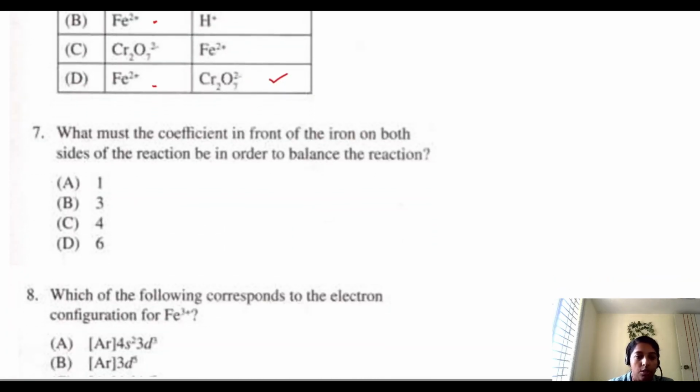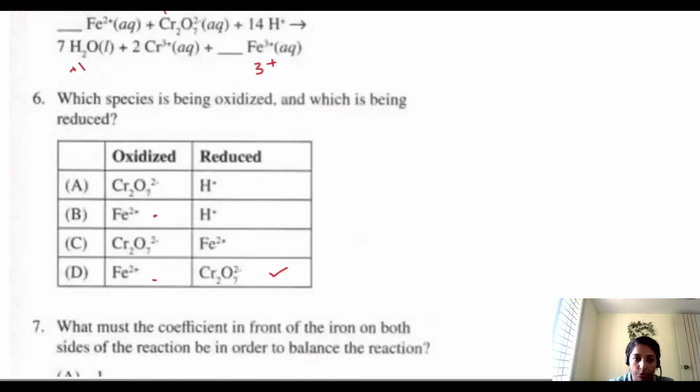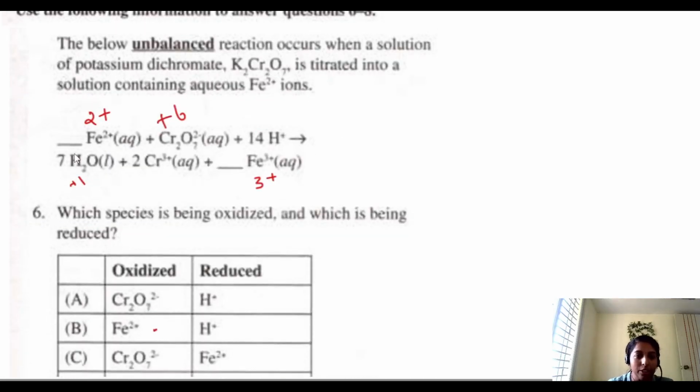Then what must be the coefficient in front of the ion on both sides of the reaction in order to balance the reaction? Now you can balance the reaction. Fe2+ is turned to Fe3+, and Cr2O7 2-. They were already partially balanced. We just need the electron balancing. What they were asking is Fe2+ to Fe3+. What about the hydrogen? I'm omitting it because nothing is happening.